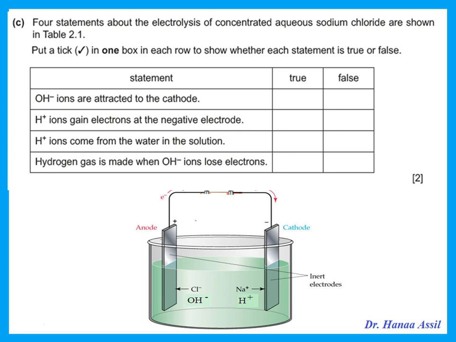Remember, if I have electrolysis of an aqueous solution, that means I have the ions from the solid dissolved there, so that is sodium chloride. Remember that the first one is always positive, the second one is always negative, so it's Na+ and Cl−. But it's a solution, so I also have the ions from water, which are H+ and OH−.